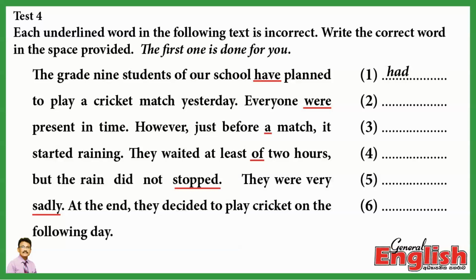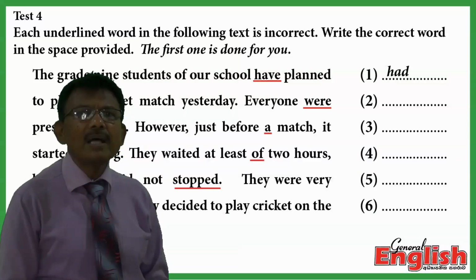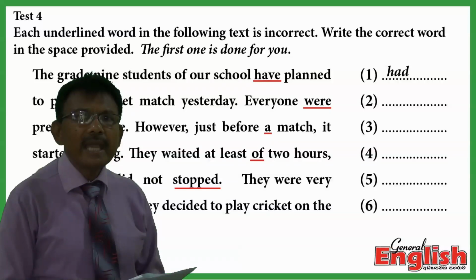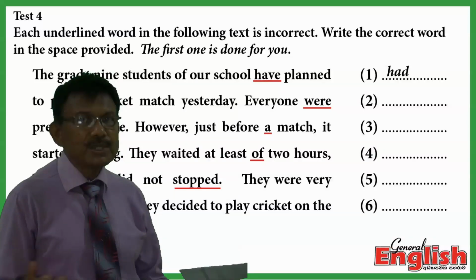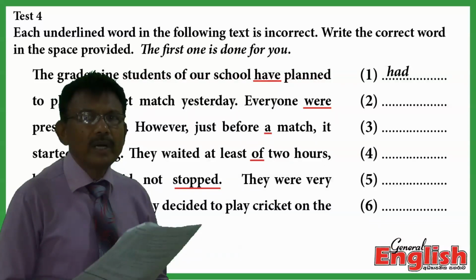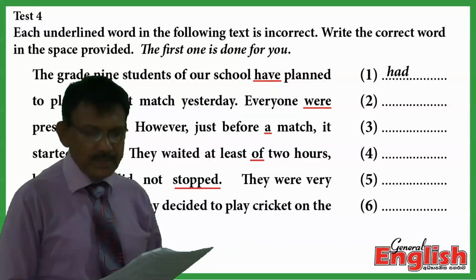Now, we can find the mistake here. Why? Have is underlined. It is the wrong word. Why is it incorrect? Because this sentence is a past tense sentence. At the end of the sentence, there is a time expression. What is it? Yesterday. So, with yesterday, we can't say have. So, the correct word must be had. It is already done. You can see it.